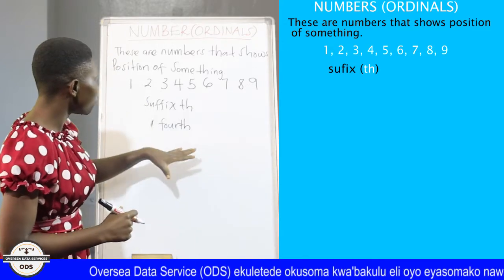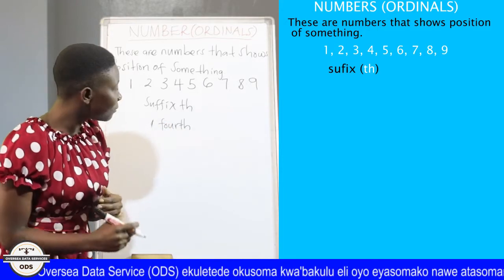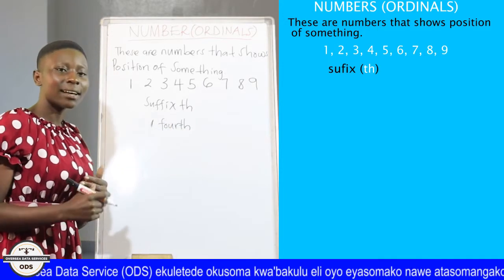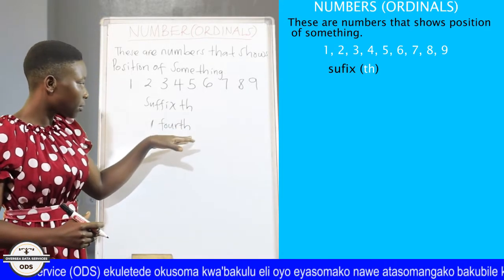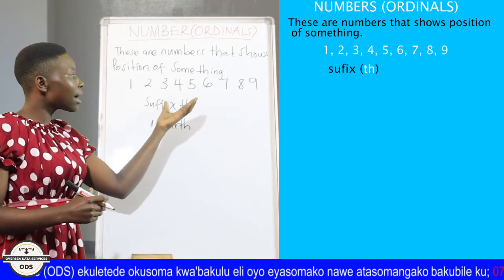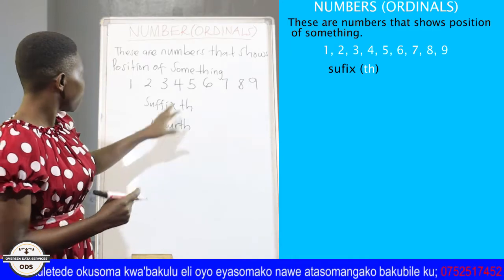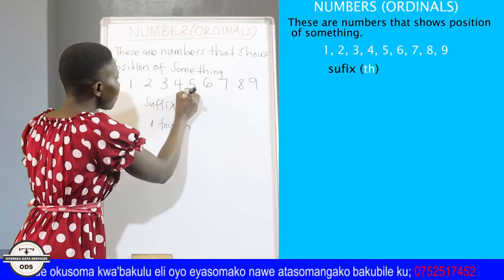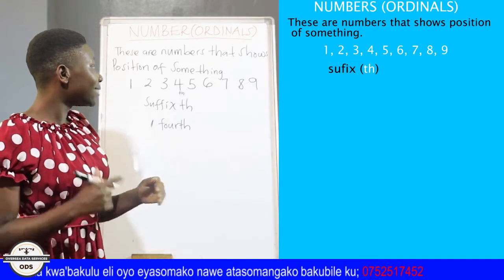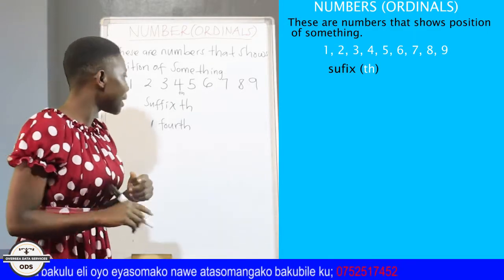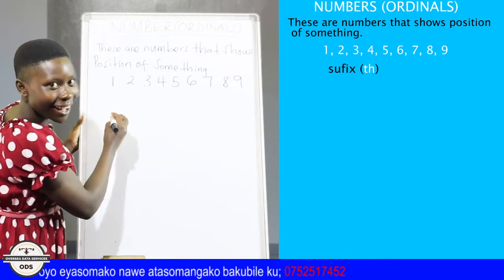You hear how I'm going to pronounce it. At first the word was 4, but I've added the suffix th and the pronunciation has changed: fourth. From the cardinal number 4 we add the suffix th. We are going to see. Okay, let us draw our table here.